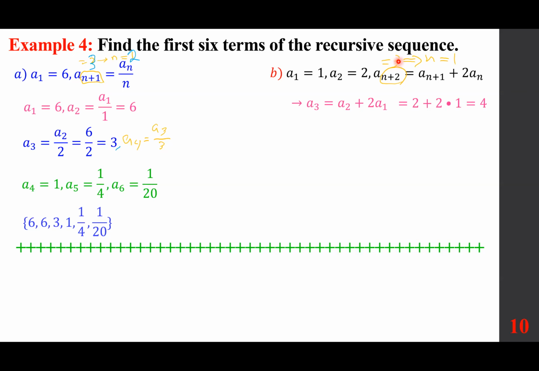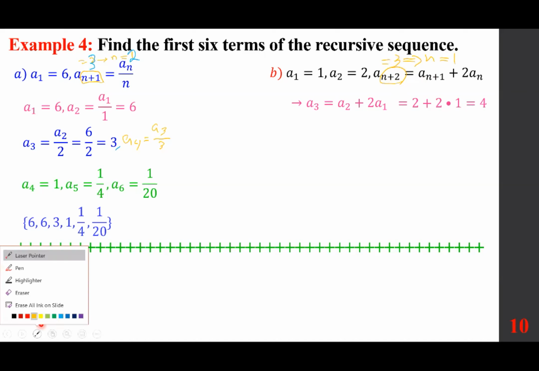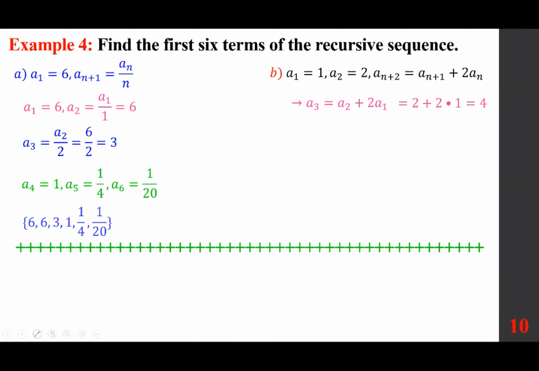Remember this number is becoming 4, so n becomes 2.